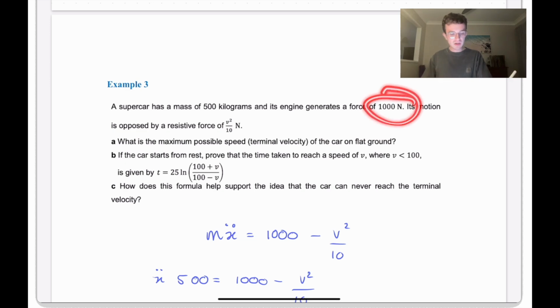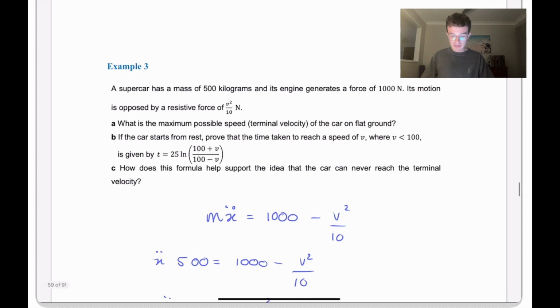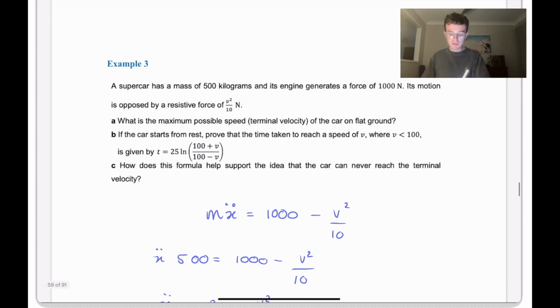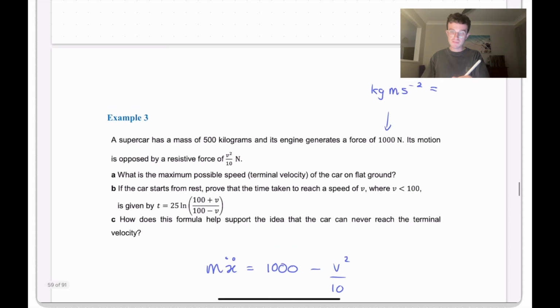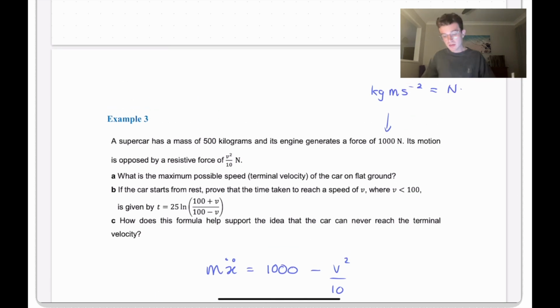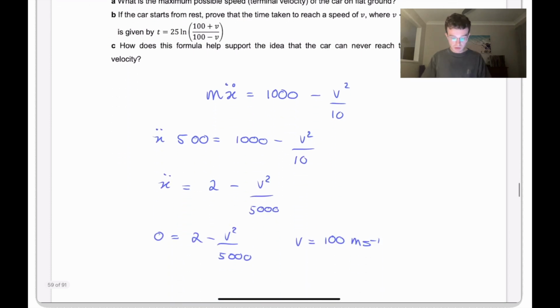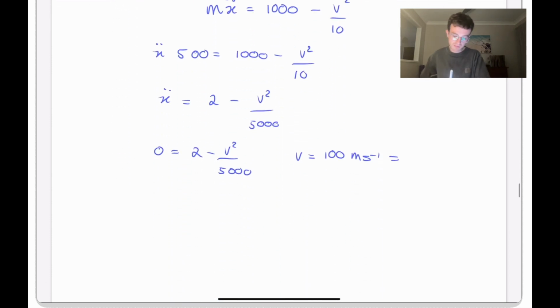I think it's kilograms meters per second squared or something funny like that, and instead of writing that every time, they just named it newtons. So it is going to be meters per second, which is exactly 360 kilometers per hour.